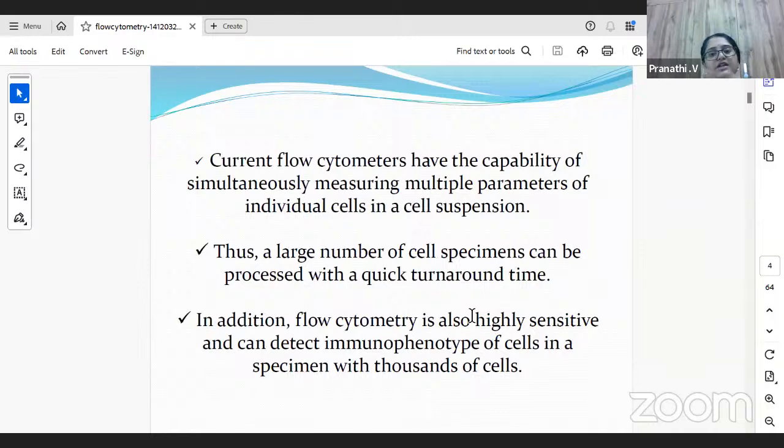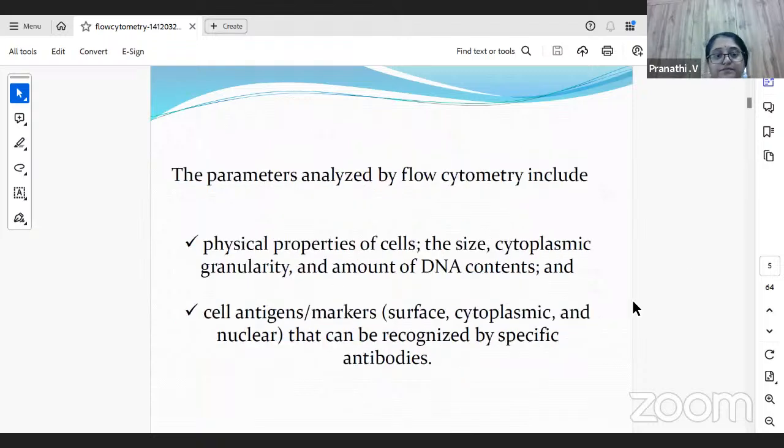You can simultaneously measure different cells from the single cell suspension. Large numbers of specimens can also be processed, and it is quite sensitive, so you can detect different types of cells and different phenotypes in the cells, and the specimen number can be in the thousands.